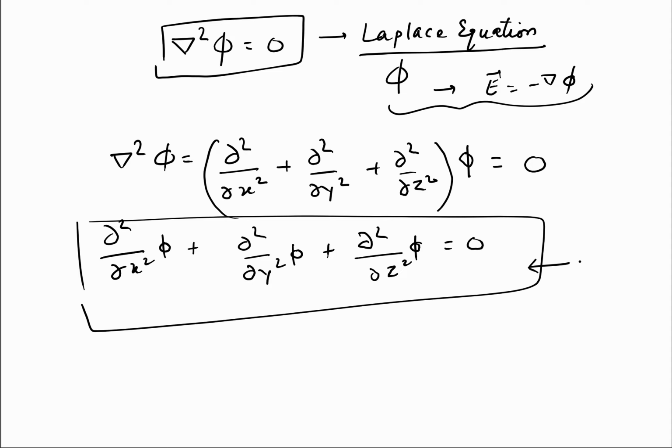For other curvilinear coordinate systems, this form will be a little more complicated, and we will try to derive it for at least the spherical coordinate system. So we will now derive this Laplace equation in spherical coordinates.